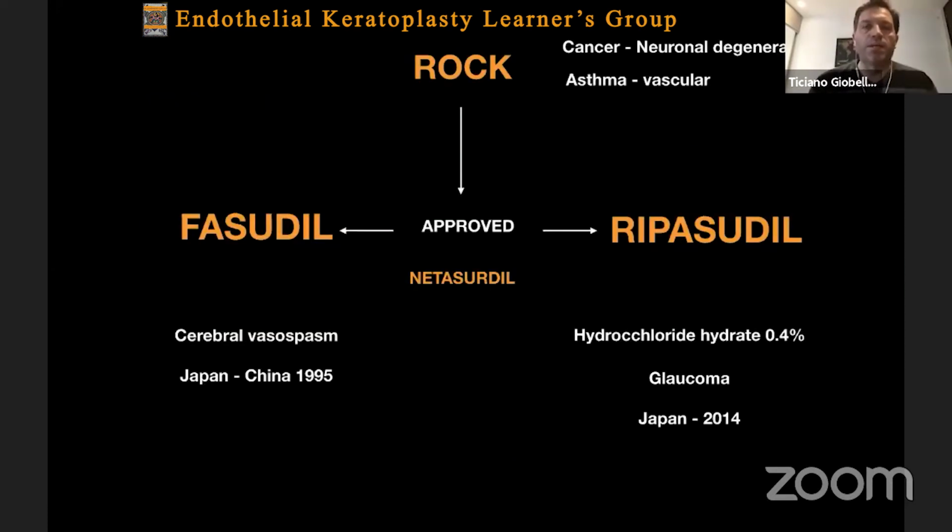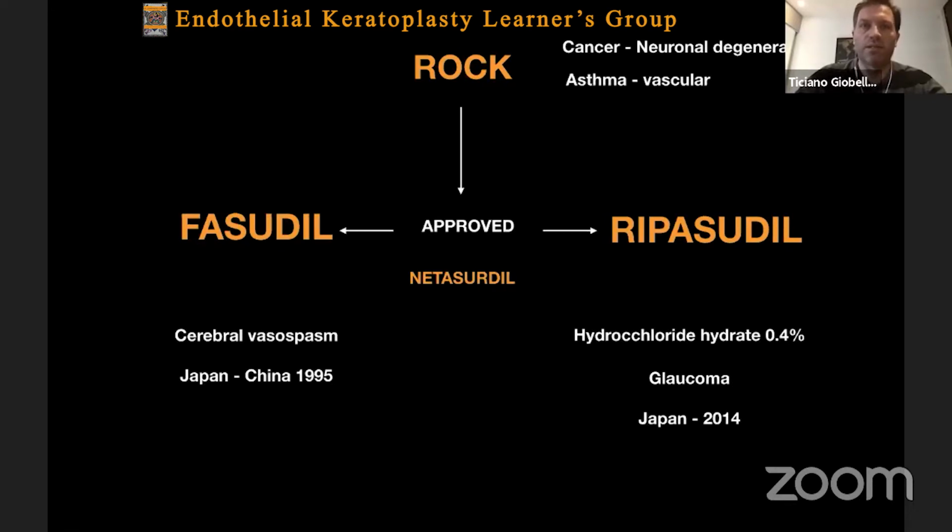As you can see here, ROCK has been researched as a potential therapeutic target for vascular disease, cancer, neuronal degenerative disease, asthma, and glaucoma. Only 3 drugs have been approved for clinical use: fasudil, ripasudil, and netarsudil. Fasudil has been approved for the treatment of cerebral vasospasm in Japan and China since 1995.